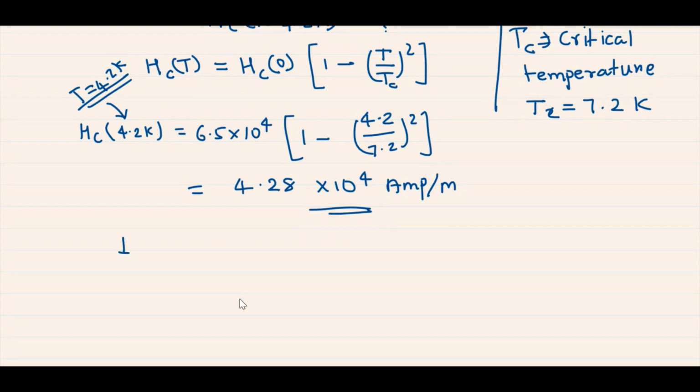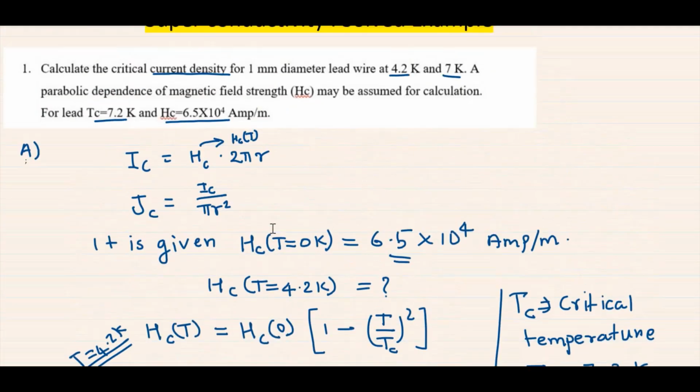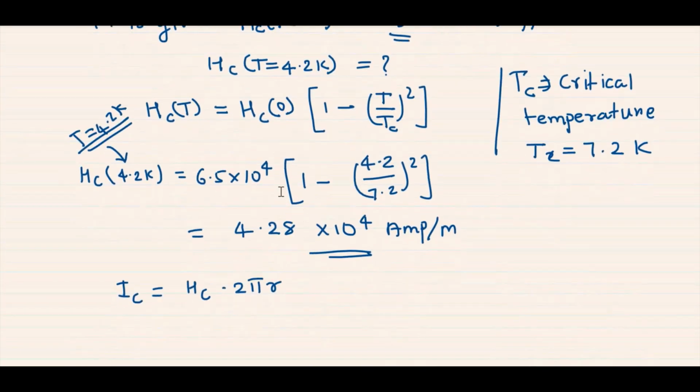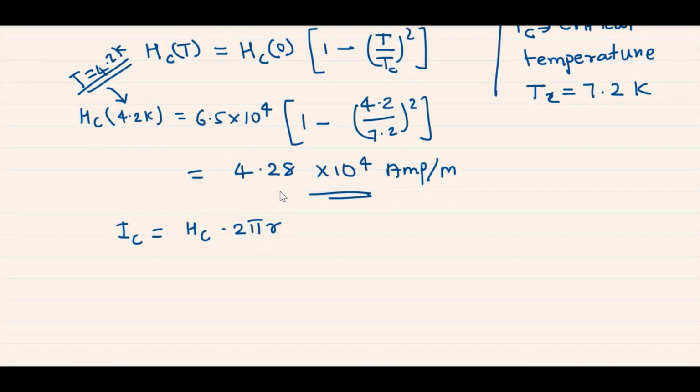So the next task is finding Ic. Ic equal to Hc into 2 pi r. Here r is also given in this question. See, the diameter is 1 mm, so the radius should be 0.5 mm, half of the diameter.